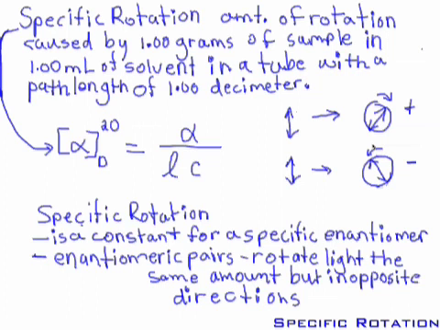So we fill our sample tube with a 50-50 mixture of both enantiomers. If they rotate light the same amount but in opposite directions, they're going to cancel each other. If you said there'd be zero rotation, you're absolutely correct. Equal mixtures of enantiomers render the solution optically inactive. There is no optical rotation. So these mixtures of solutions that do not rotate light are optically inactive.